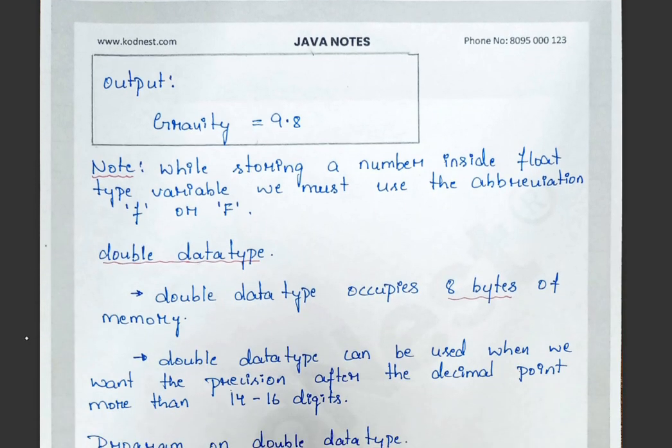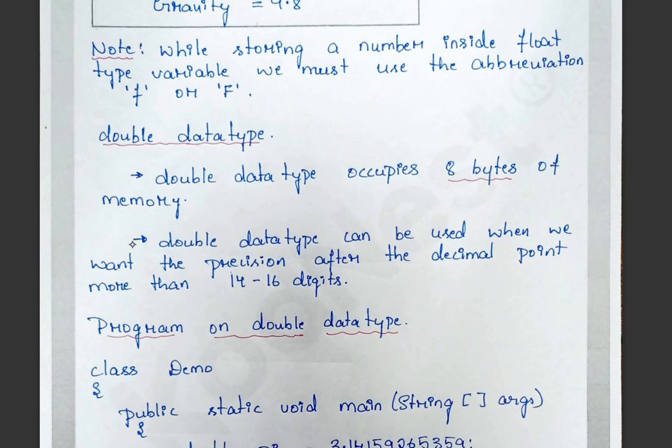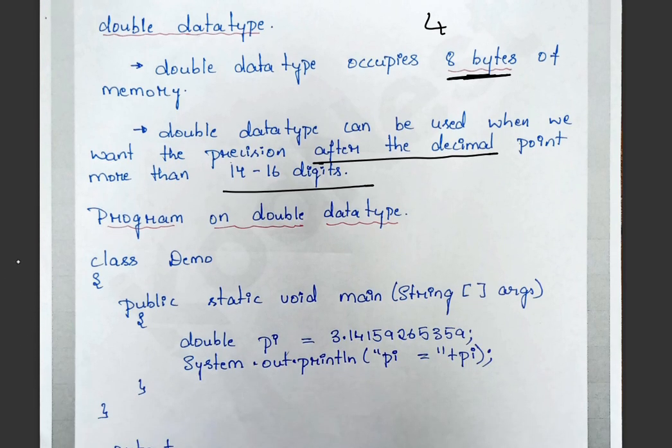And next, double occupies 8 bytes. Float occupies 4 bytes, double occupies 8 bytes of memory. Double can be used when the precision after the decimal point is up to 16 digits. In float we have only 6 to 7 digits, but in double, if the number is large, then after the decimal point we use double.